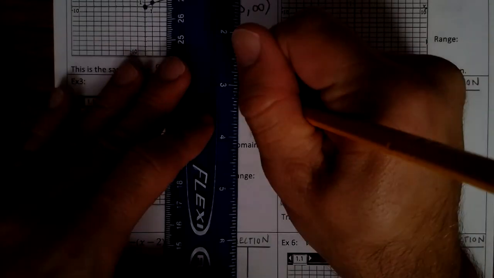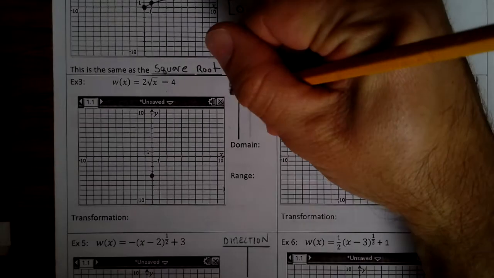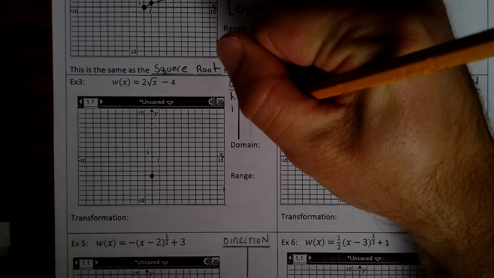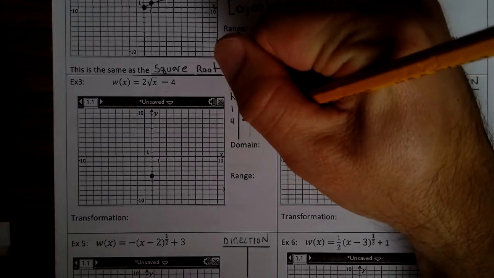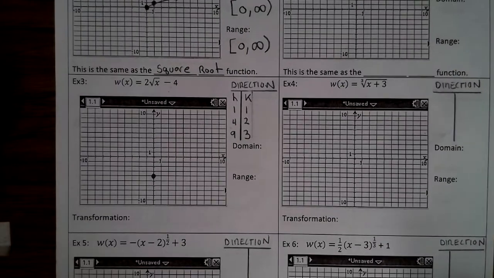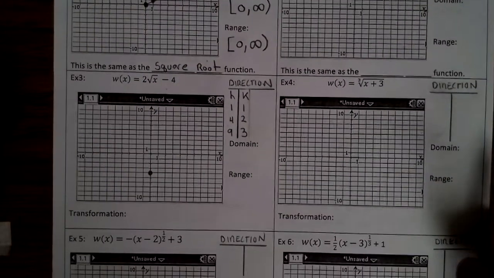So we know our directions are H, K, 1, 1, 4, 2, 9, 3, and that's based on the parent function. But here, I noticed that we need to multiply those by 2.